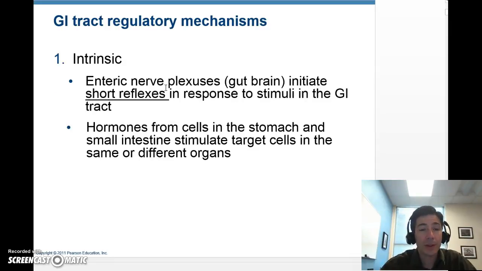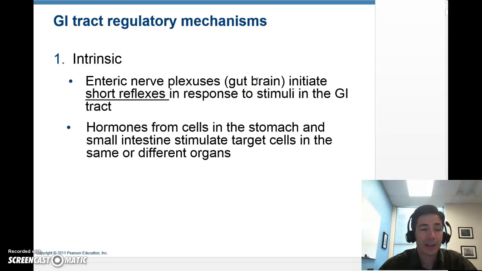So you also want to be aware of what are referred to as intrinsic regulatory mechanisms, and in a couple of slides you are going to see some extrinsic regulatory mechanisms. The first intrinsic regulatory mechanism you want to be aware of are what are called short reflexes. So you have neurons that run from one part of your digestive tract to another. This is referred to as your enteric digestive system, or as the slide says here, gut-brain.